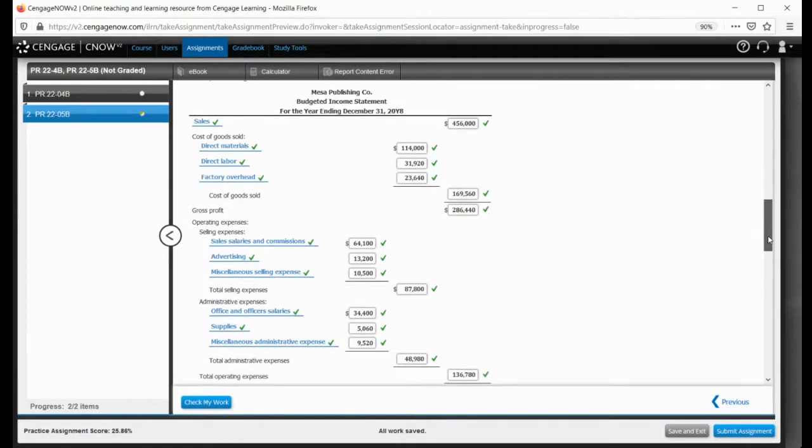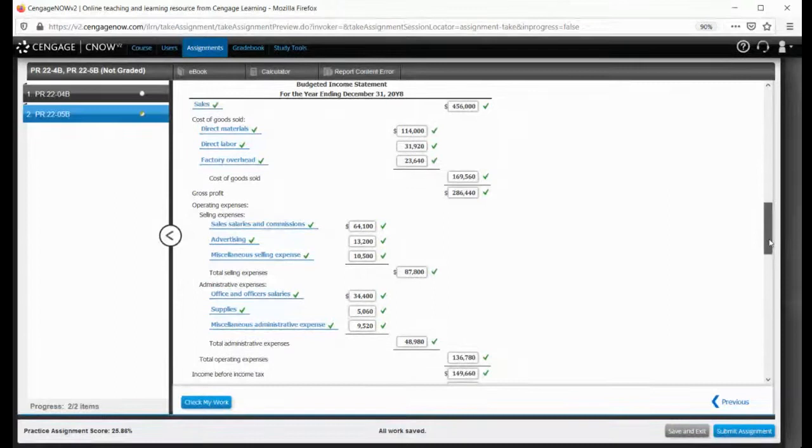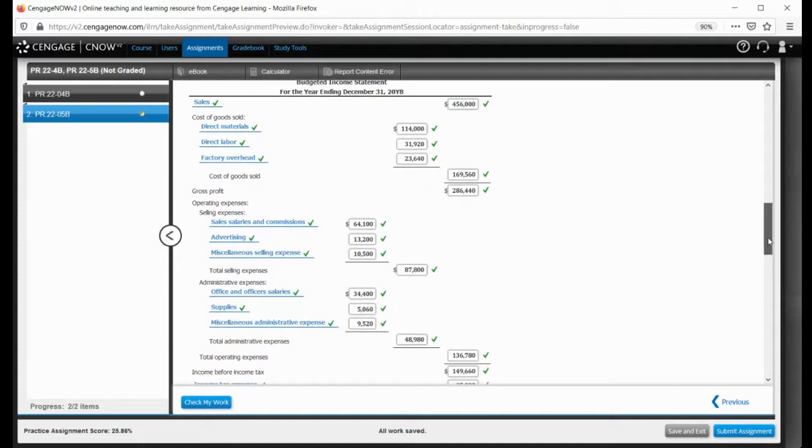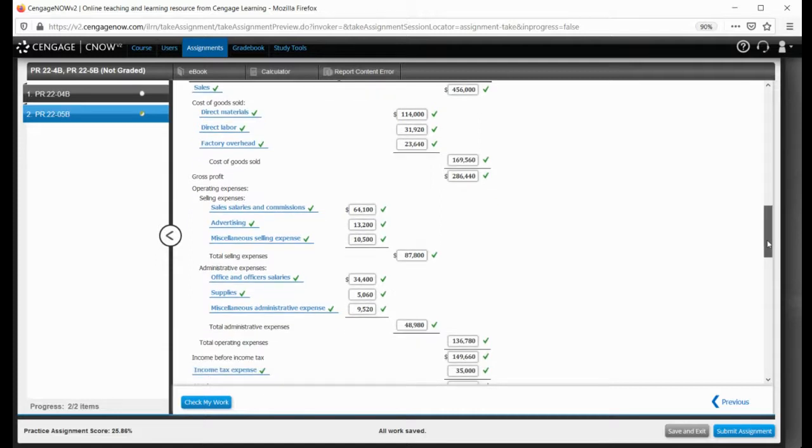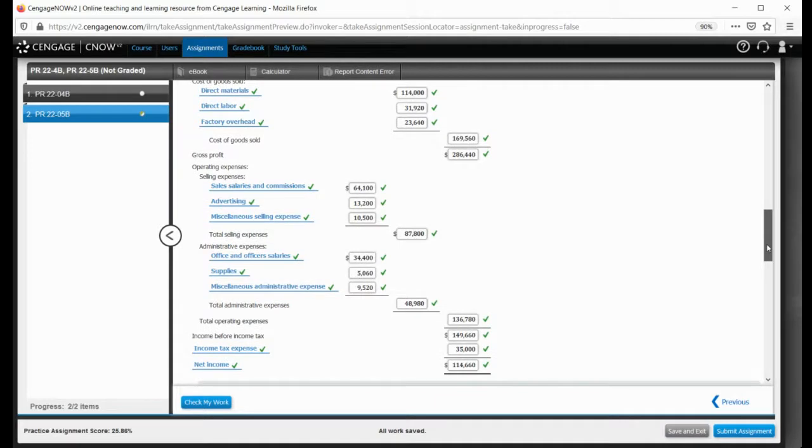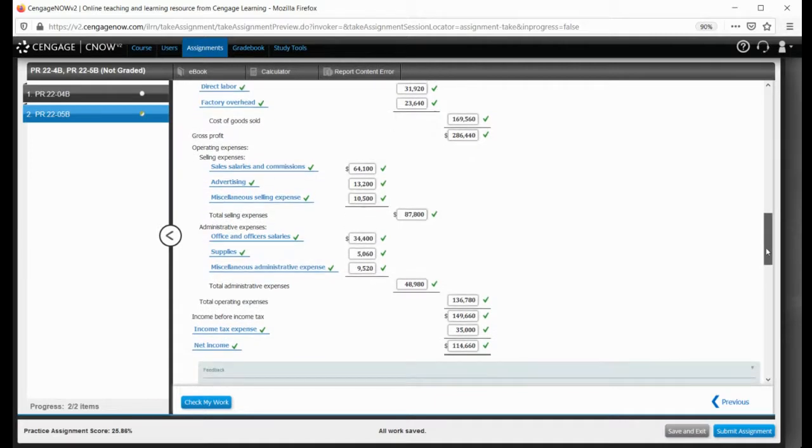The budgeted income statement. Go ahead. Can you ask the question? I hear a lot of feedback, so one at a time, please. I don't hear any questions. So I'm assuming you understand what I've done so far.